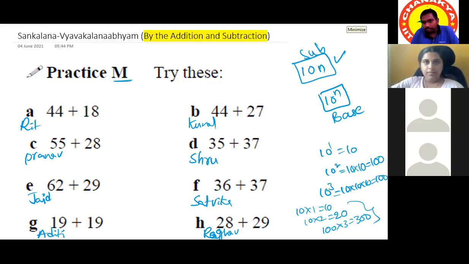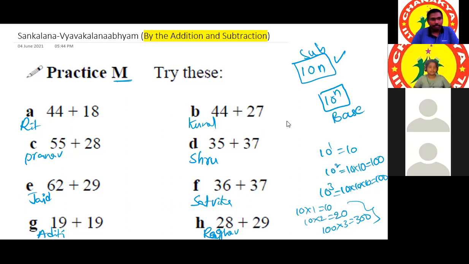Okay, all of you have completed. No need to write in the chat box. Let us start. We'll start with Ritvik.